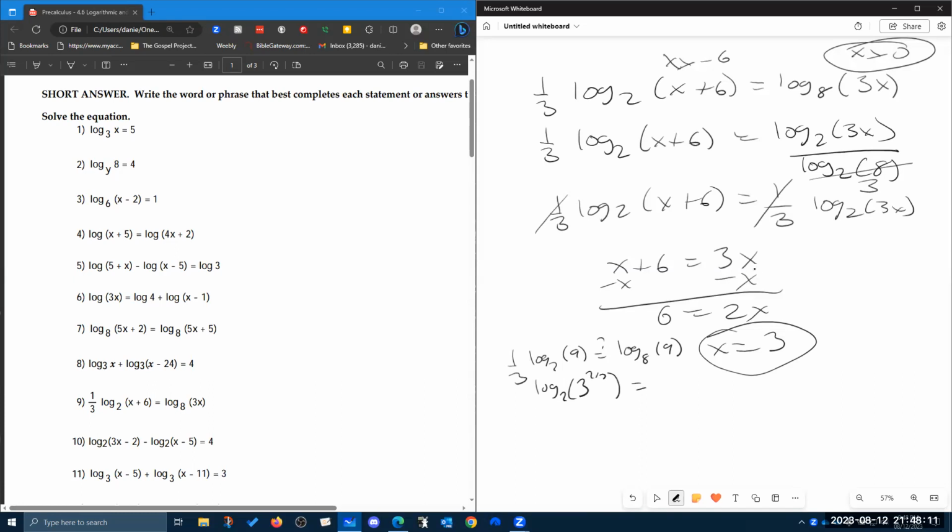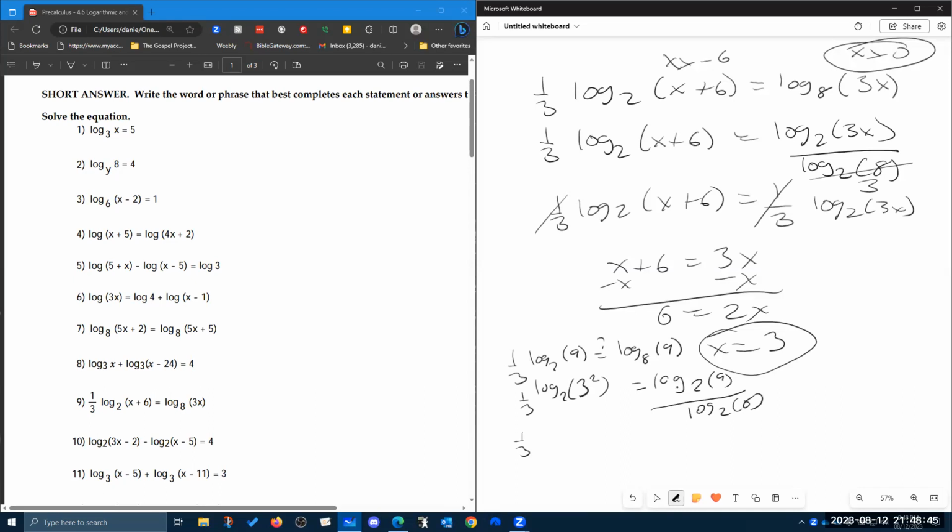And this is log base 2 of 9 over, let's leave the 1/3 there, over log base 2 of 8.